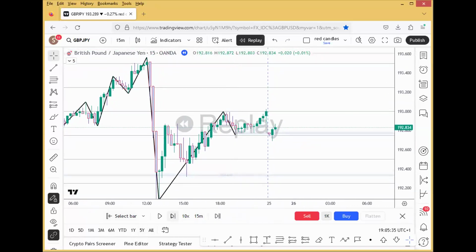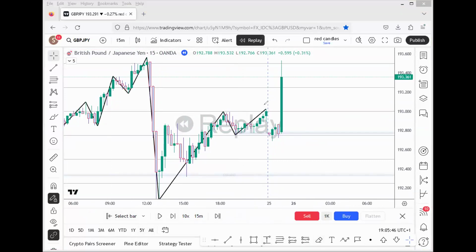So just do one candle at a time and see how price behaves. Right off the bat, we can see a break of structure there. Price was initially moving this way, it pushed down, and then pushed up.